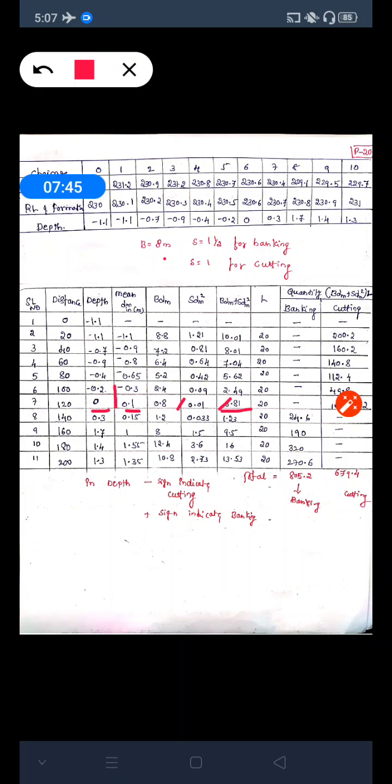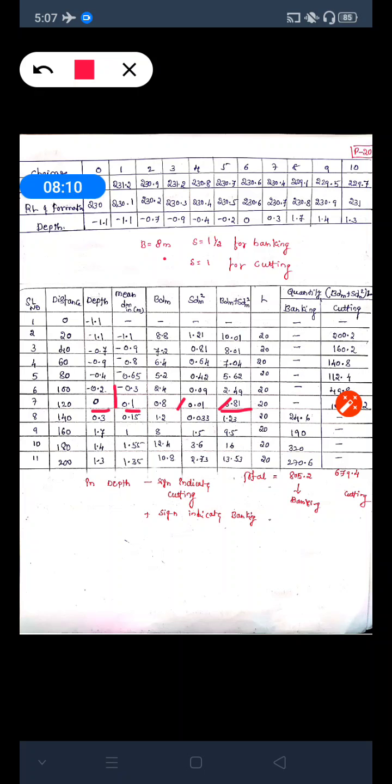After adding 0.8 plus 0.01, that will be 0.81. This 0.81 multiplied by 20, then I got the quantity, that is 116 point something. Here the mean depth is also negative. That is the reason we should substitute this answer in the cutting only, because 0.2 is negative plus 0 by 2.